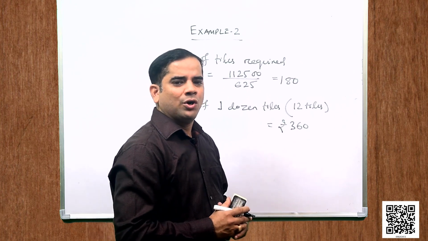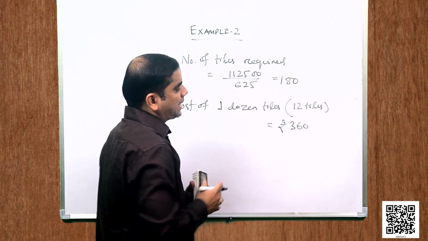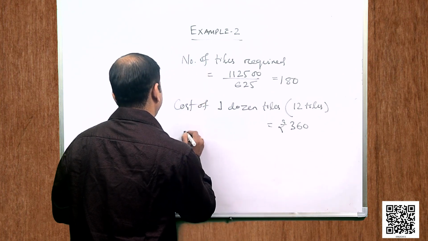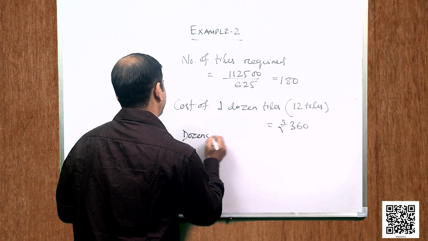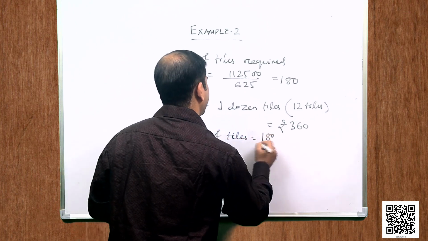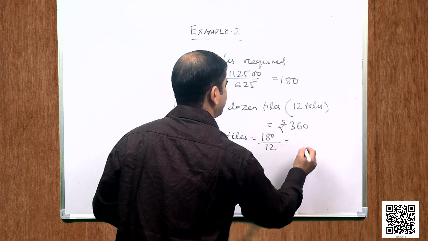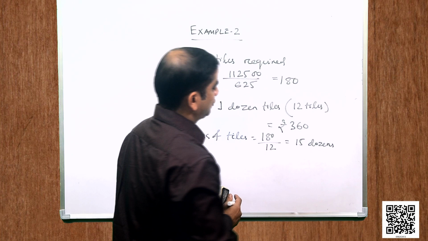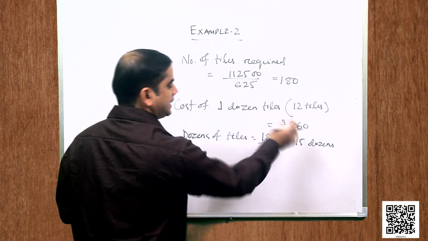Okay. So, how many dozens of tile we require? 180 divided by 12, 15 dozens. So, cost of 1 dozen is equal to rupees 360.